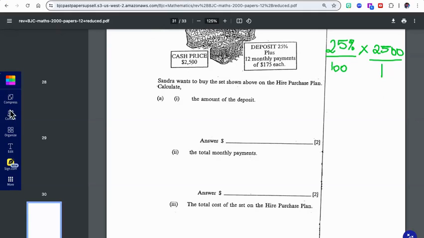I realized that there are 2 zeros in my numerator and there are 2 zeros in my denominator. What constitutes my numerator? All of the numbers at the top. Every number in the top is the numerator, so that's 25 and that's 2,500.